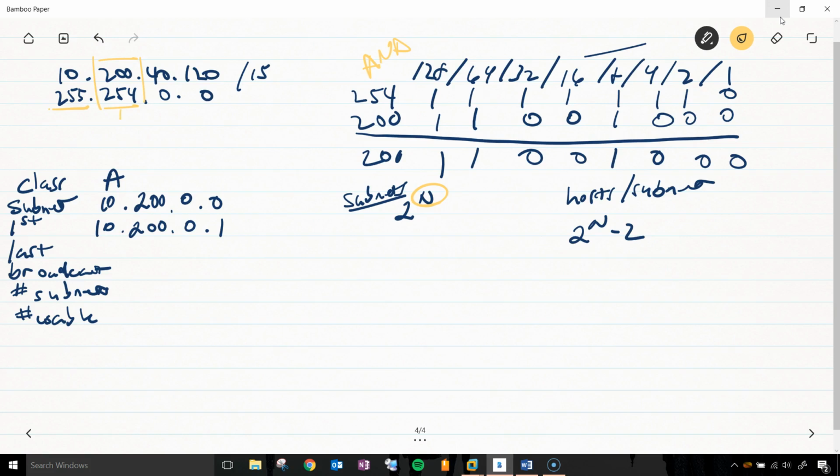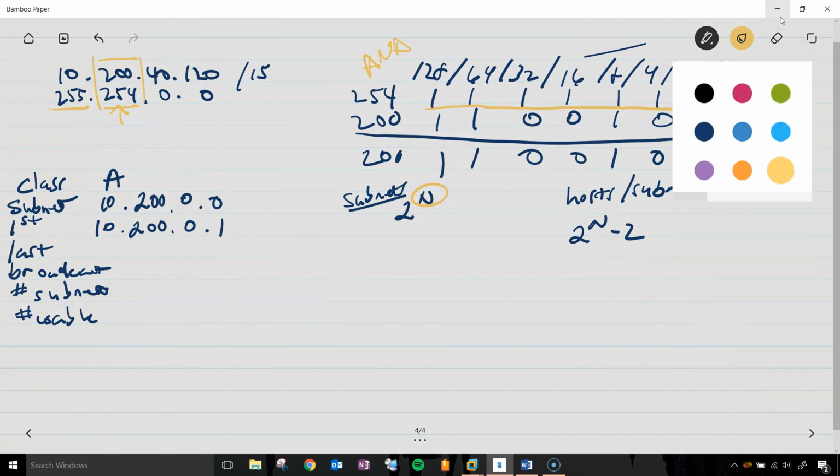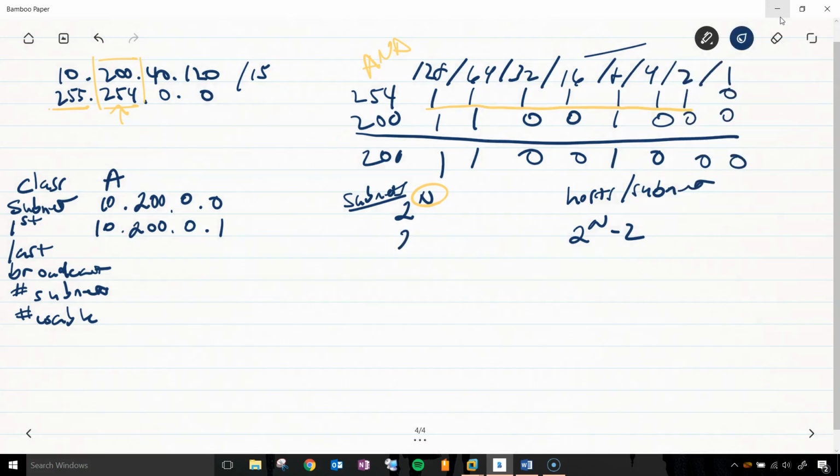So that means that all of these bits are borrowed, which is what we have here. There are a total of 1, 2, 3, 4, 5, 6, 7 of them, which means that we use 2 to the power of 7 for the number of subnets. 2 to the power of 7 would be 128. So we have 128 subnets.